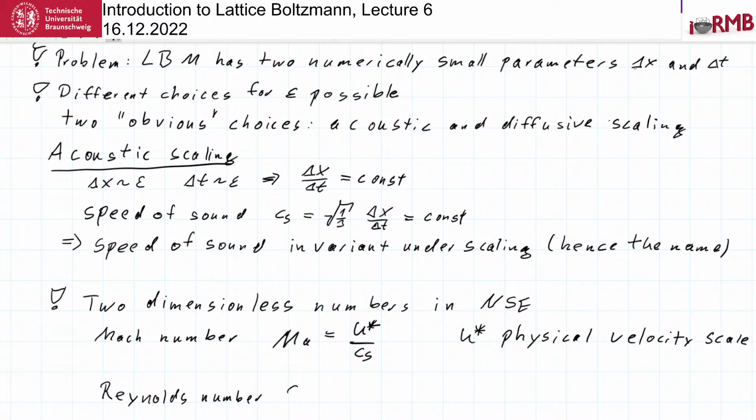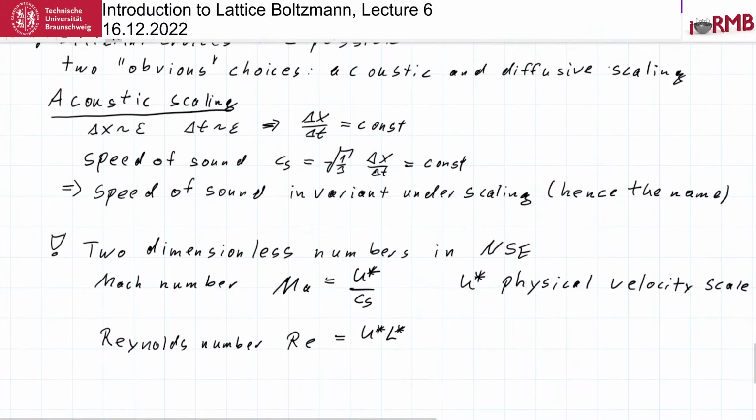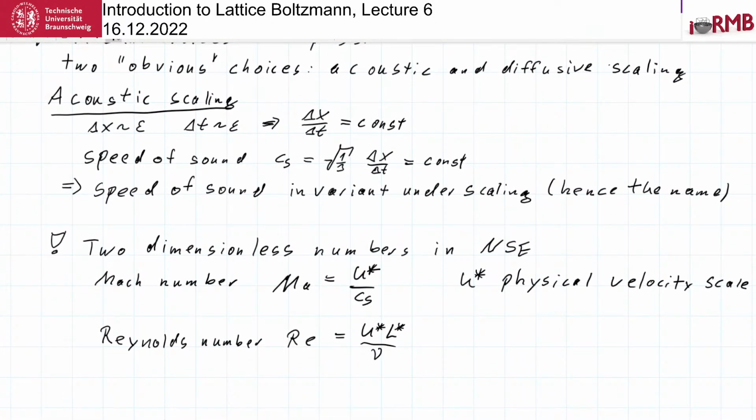So the next dimensionless thing we have is the Reynolds number. So for those from the previous lectures, in the Navier-Stokes equation, we do not have the Knudsen number, yeah, because the Navier-Stokes equation arises from the Knudsen number in the limit of zero Knudsen number.